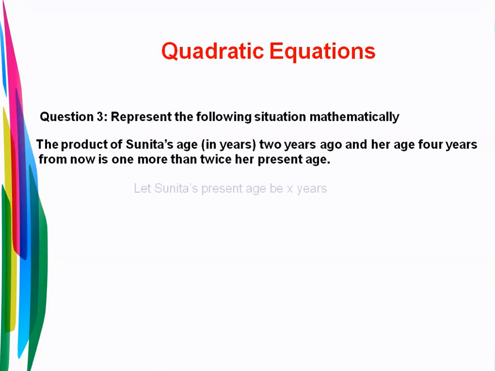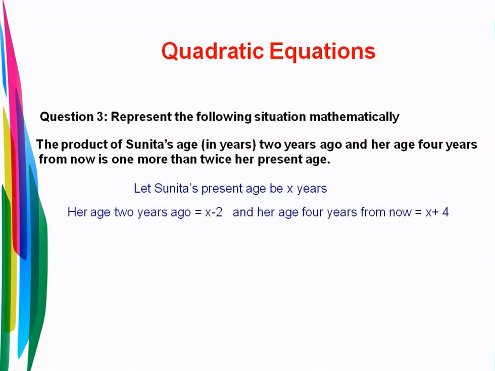Let her present age be x years, then her age 2 years ago will be x minus 2, and her age 4 years from now is x plus 4. You are given that the product of these two ages is one more than twice the present age. So the product x minus 2 into x plus 4 will be equal to 2x plus 1.